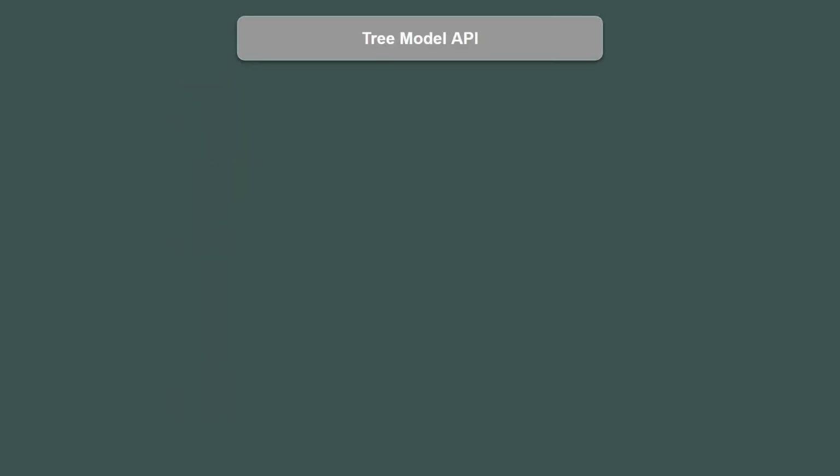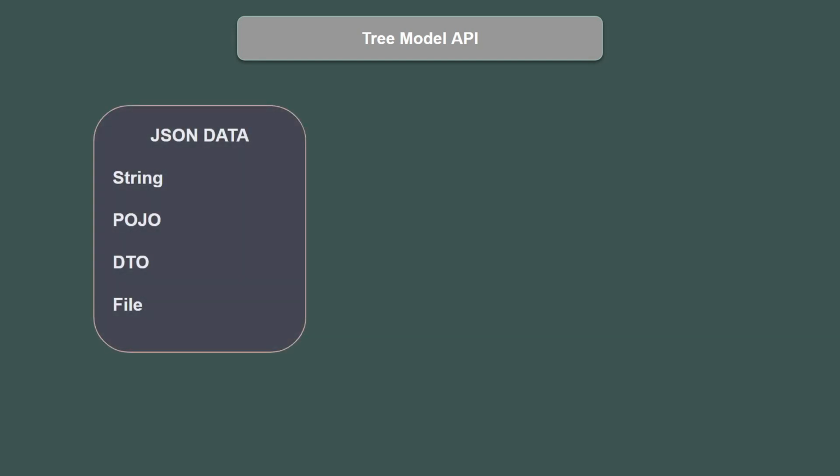The Tree Model API is one of the features of the JSON library that provides a way to represent a JSON document as an in-memory tree structure, where each node in the tree corresponds to an element in the JSON document. Let's say we have a Java object, Pojo for example, that contains some fields.